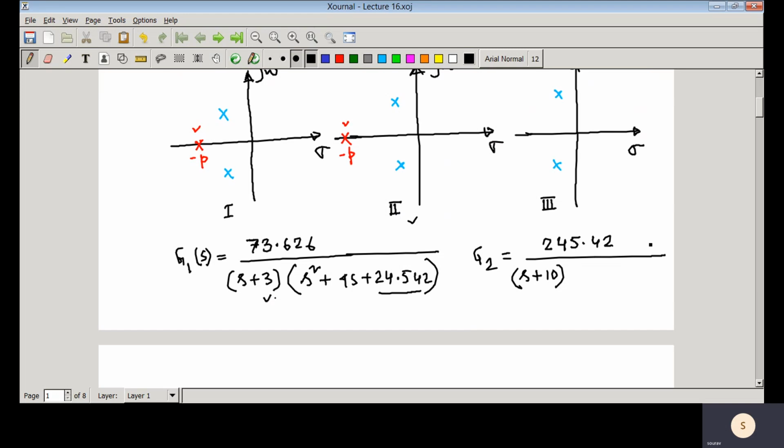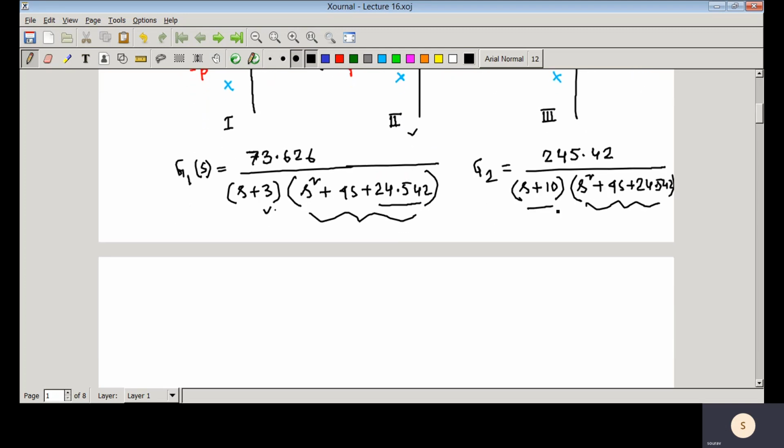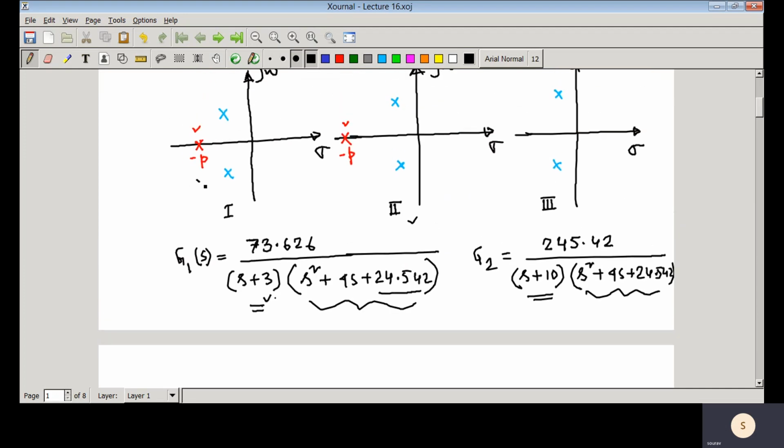So suppose it is at minus 10, (s plus 10)(s square plus 4s plus 24.542), and you can see that this particular part remains the same because that is the standard second order transfer function, and we are interested in C. That means if we introduce a pole, what is the effect of that pole in the time response, and we are gradually moving that pole towards the left. So this is at minus 3, this is at minus 10, and here we have shifted it to minus infinity.